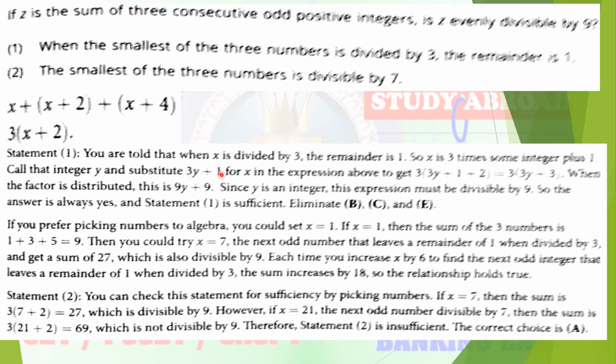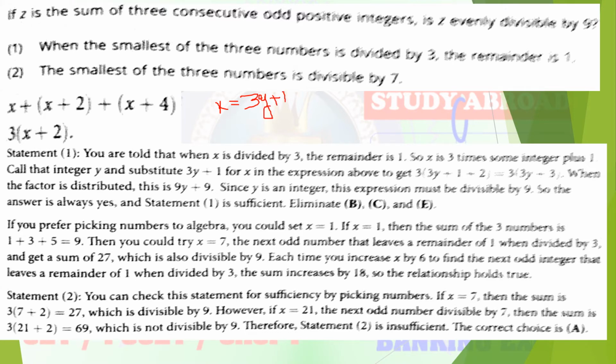So 3y plus 1. This is actually x. x is divided by 3 and the remainder should be 1, so x is equal to 3y plus 1.